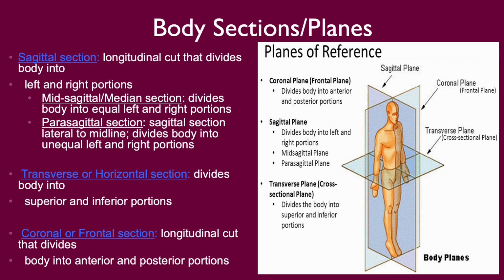Then you have coronal or frontal sections, a longitudinal cut that divides the body into anterior and posterior portions. So, in other words, it's going to be cut right down the middle of the head, and we're going to section the head in half. But we're going to be looking at the front and the back now. So anterior is the front, posterior is the back.